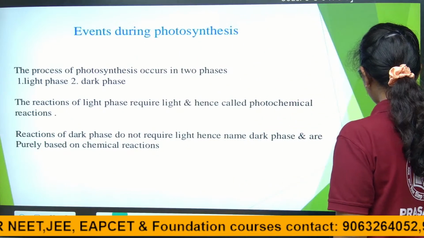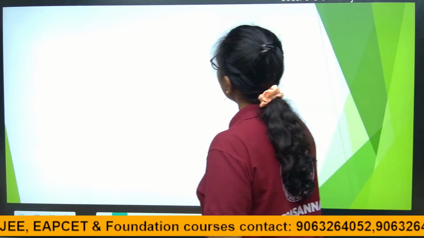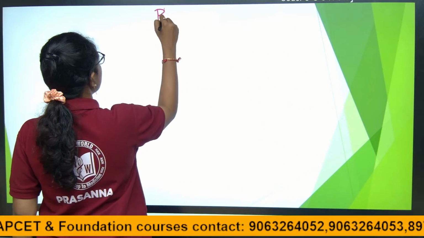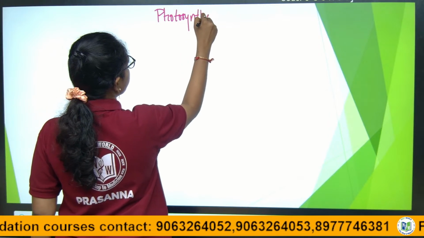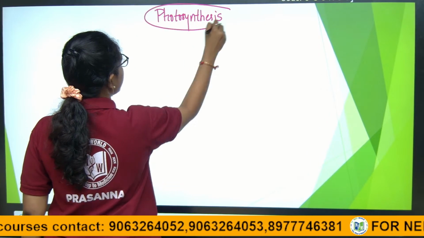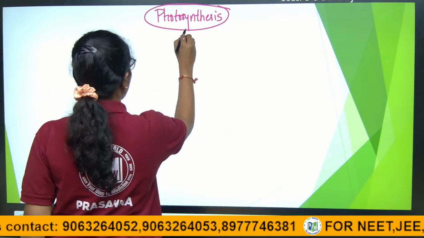Look into it clearly. Photosynthesis in higher plants is conducted in two steps. What are they?